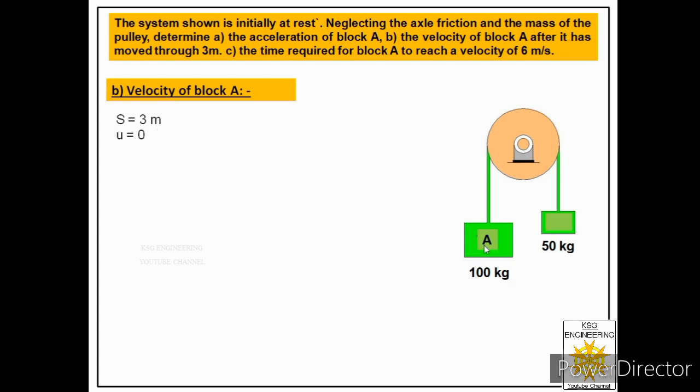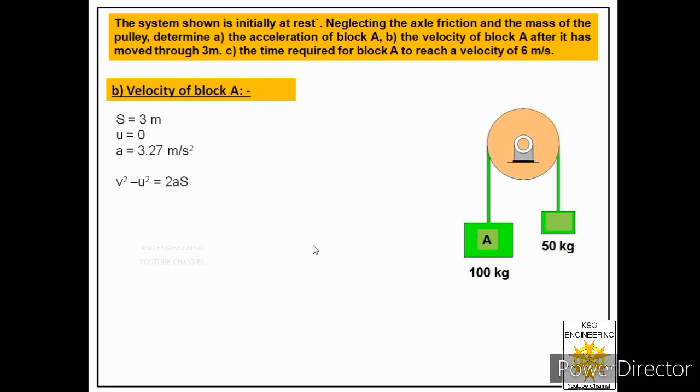And the initial velocity of the block is 0 because it is mentioned in the question that the system shown is initially at rest. And acceleration of block A we have already found as 3.27 meter per second square.